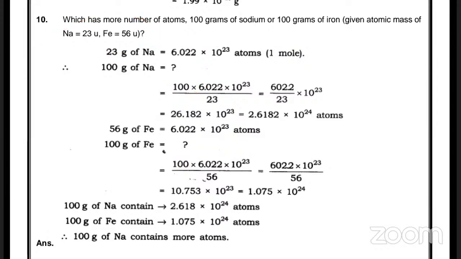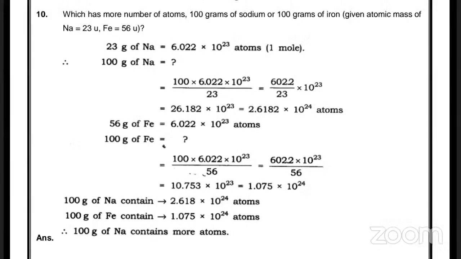Sir, here they had given us the atomic mass. In every question they'll give it, because otherwise we'll not be able to find the value of mole if atomic mass is not given. Yes. See, this value is always fixed.